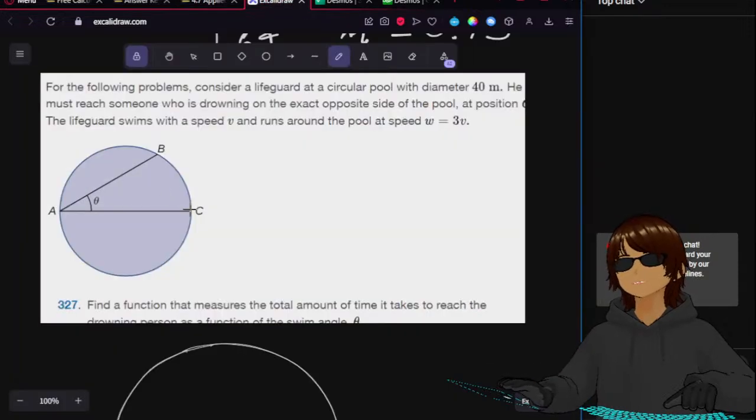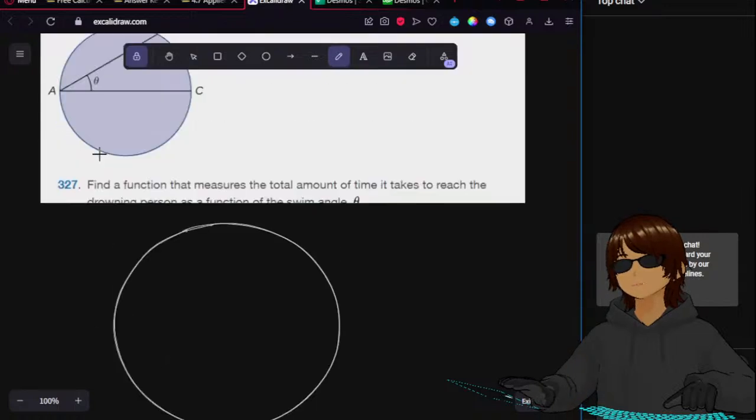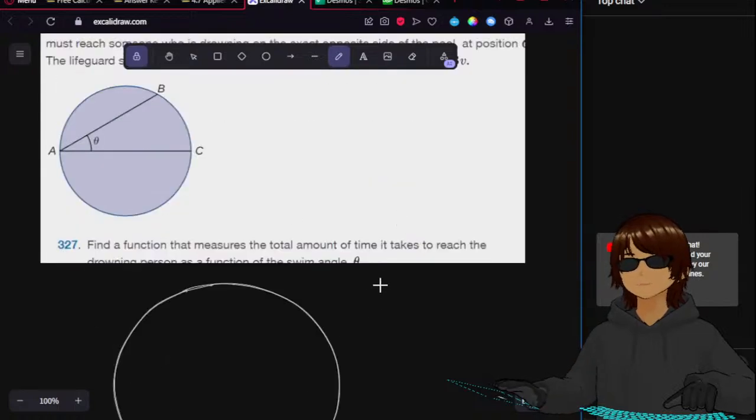If the person was drowning, I think what they're asking, if the person was drowning at sea, the angle is theta. So at point A, the angle is theta. If the lifeguard was at B, how much time would it take to swim from B to C, given that the angle is theta?